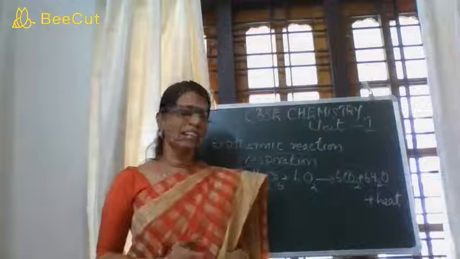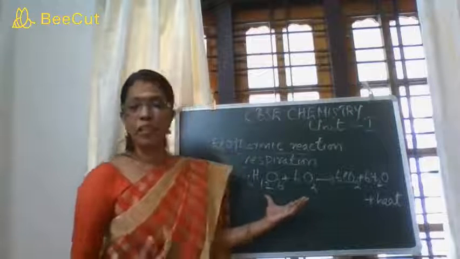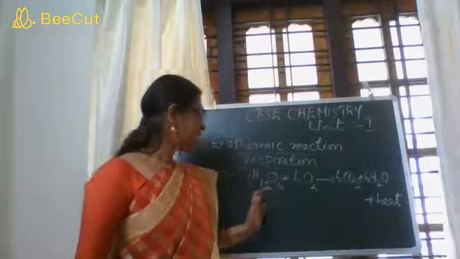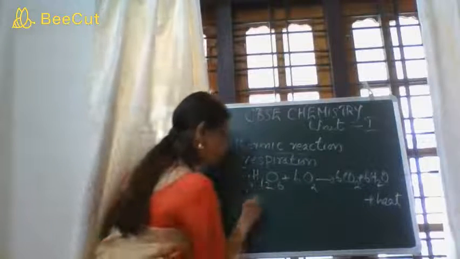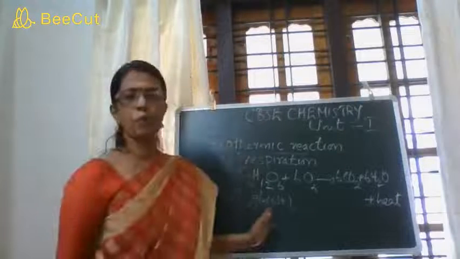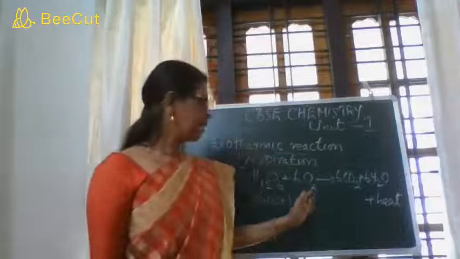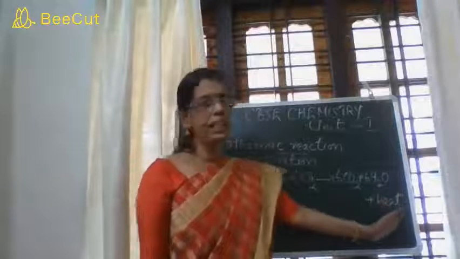So this is the equation representing the respiration taking place in our body. That is C6H12O6, this is glucose. The glucose that we get from rice, potato, bread, etc. reacts with the oxygen in our body and turns into carbon dioxide and water. Along with that, heat is produced.